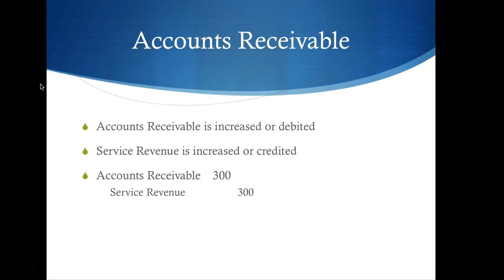So in this case, the accounts receivable is increased or debited, and service revenue is increased or credited. And I have an example of what the journal entry would look like. We always want to put our debit first, accounts receivable for $300. We then want to indent the credit, which comes second, and that would be service revenue for $300.